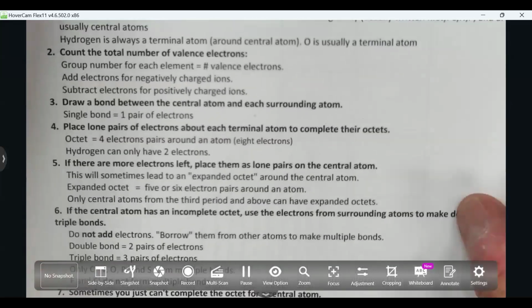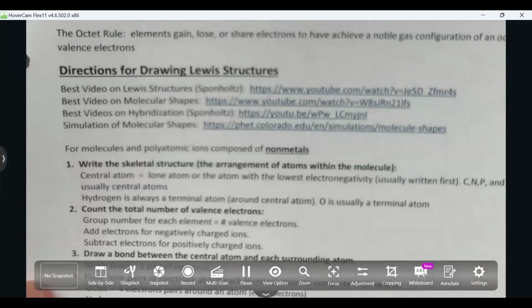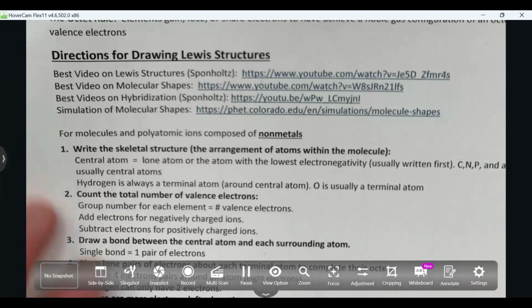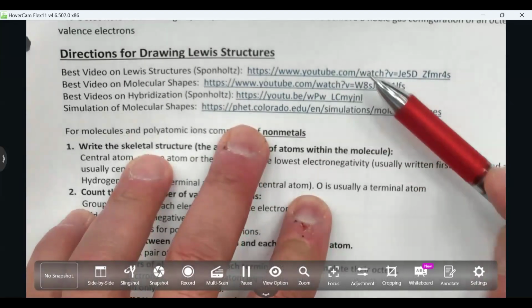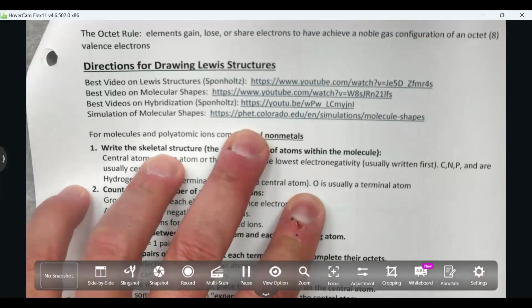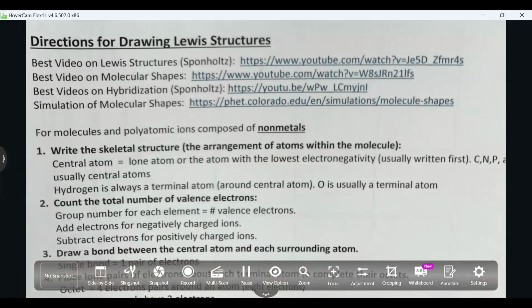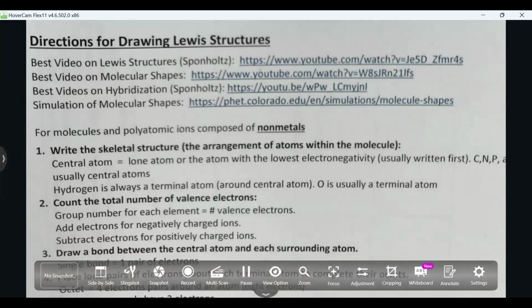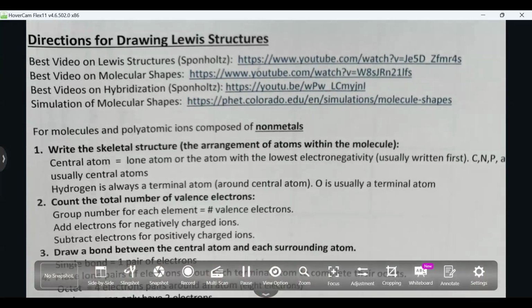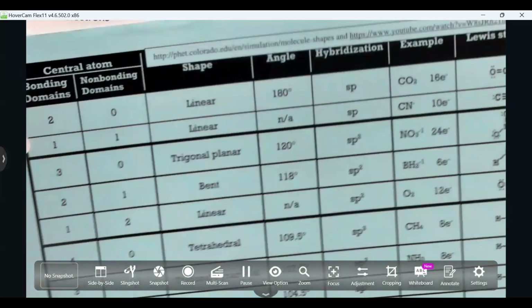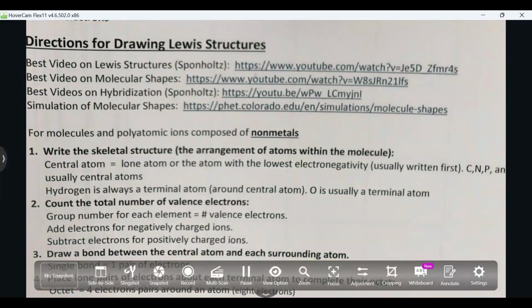So we're going to use pages 24 and 25. We're going to draw some Lewis structures. I'm going to show these videos in class when we get to hybridization.